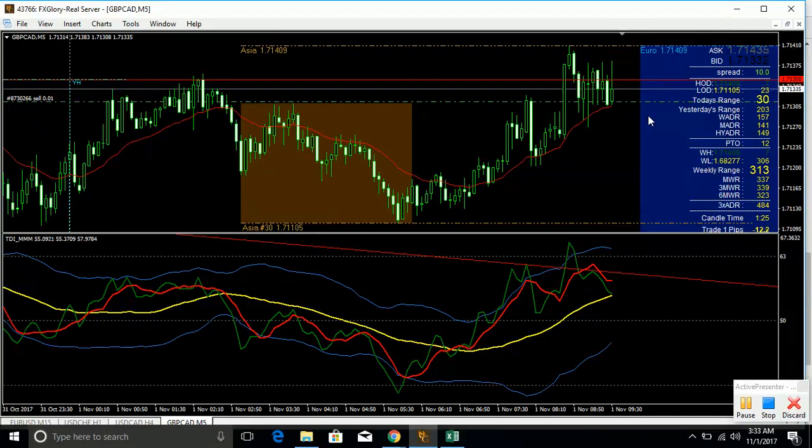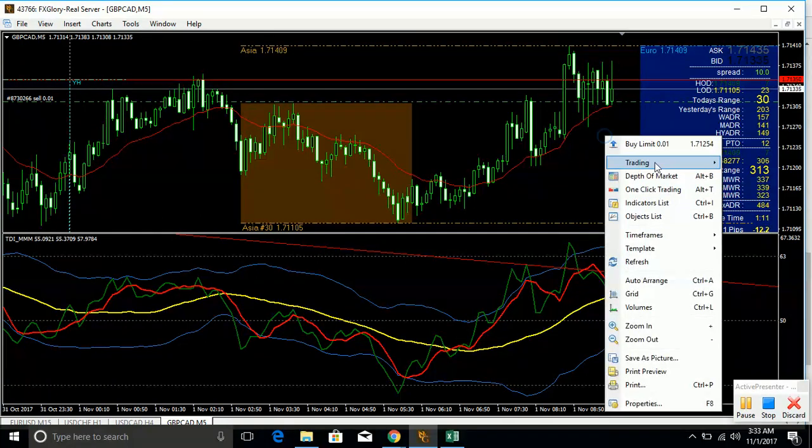Getting a lot of activity here in the market, but overall bias is still to the downside regardless of that retest up, because as we see, this is the high of the day and price has failed to hold up here. So we're still looking for a potential strong push to the downside.